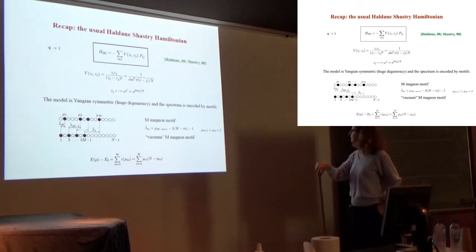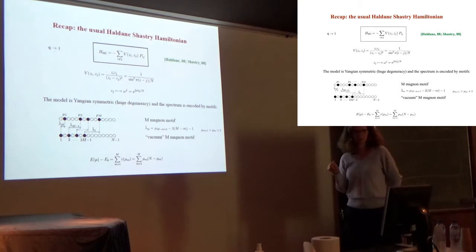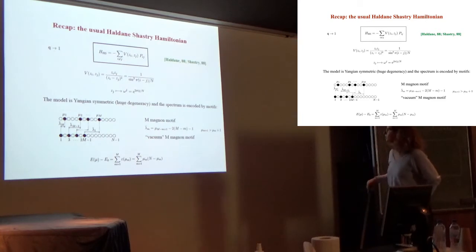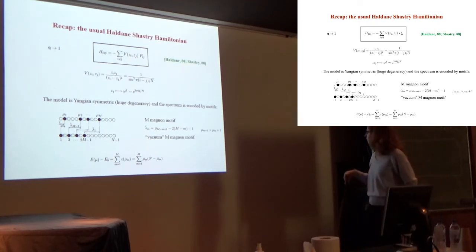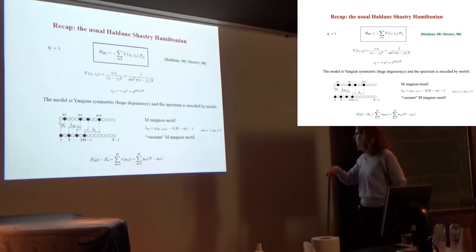This model is very special in the sense that it has a lot of symmetry. The symmetry is given by the Yangian. And the spectrum is particularly simple. It's given in terms of motifs, which are sets of integers.